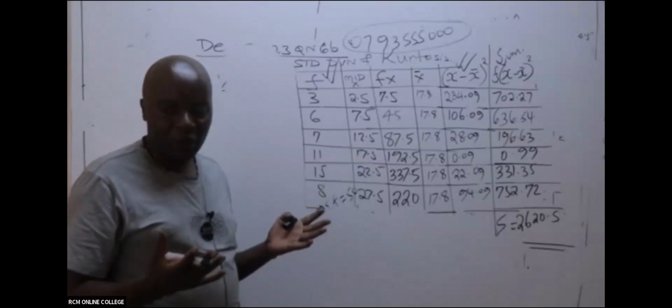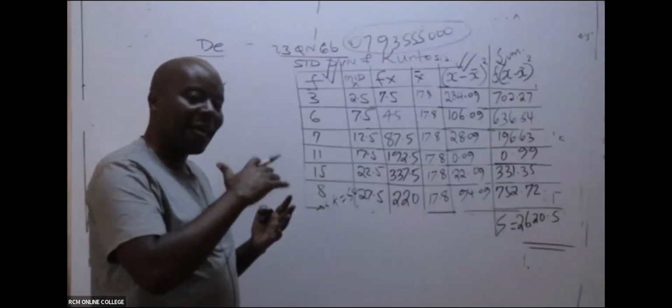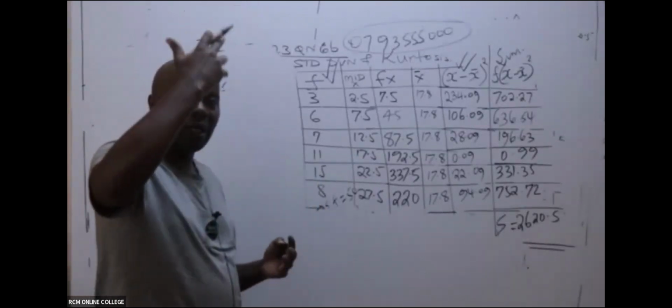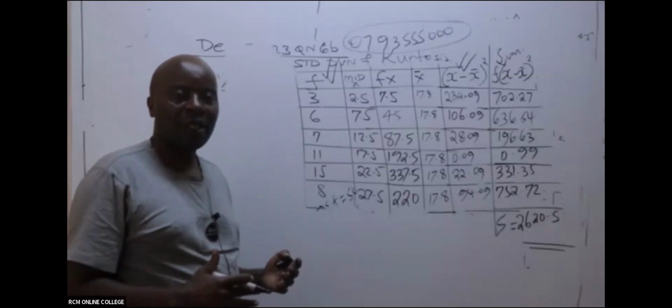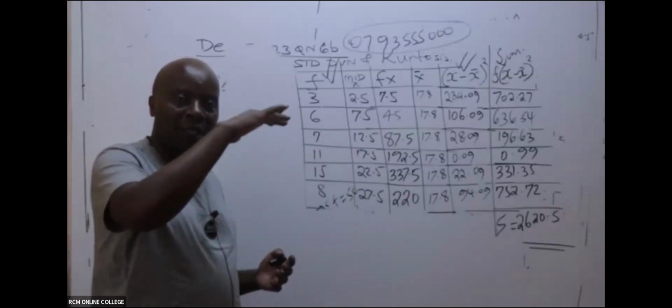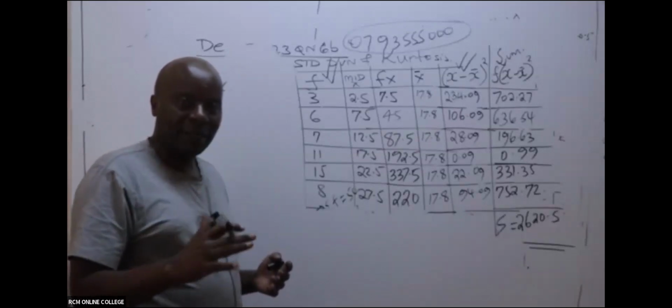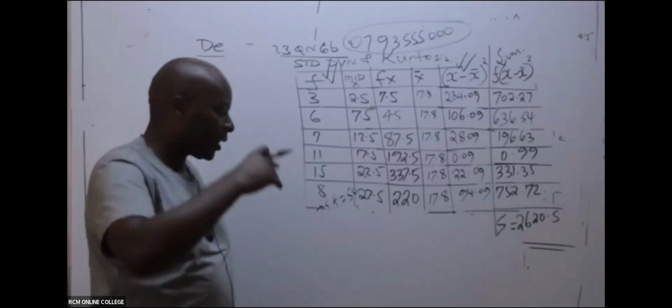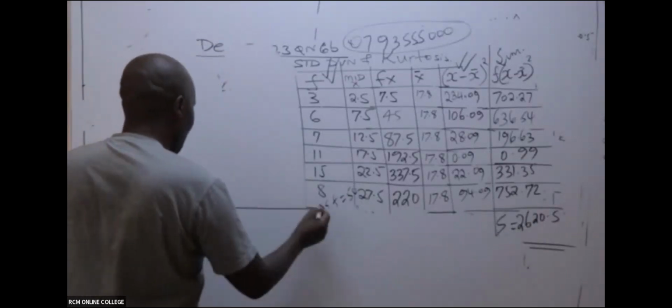To get this coefficient of kurtosis, which is a measure of peakedness, think of it like height: we have tall people, like myself I'm short, and people who are medium. That measure of peakedness is how these distributions behave.